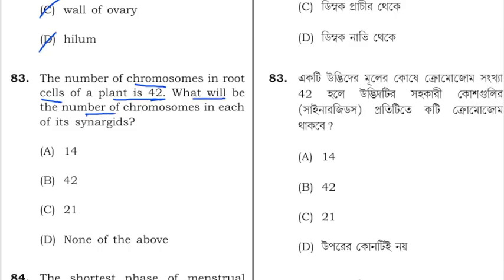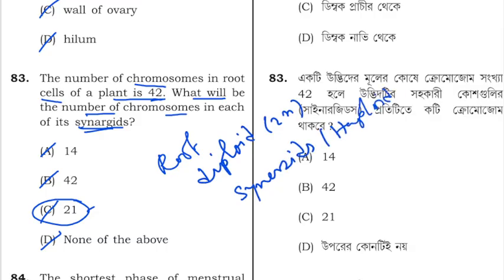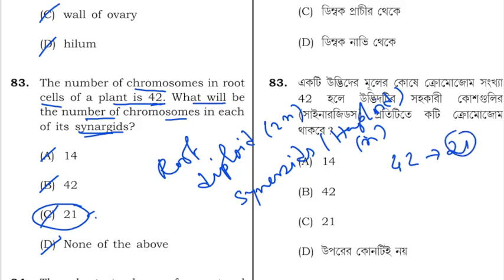What will be the number of chromosomes in synergids? So options are 14, 42, 21, and none of the above. So the correct answer is option C, that is 21. Root cells are usually diploid, that is 2n, whereas synergids are haploid, that is n. So it will have half the components. If 42, the half will be 21. So 21 is the correct answer.